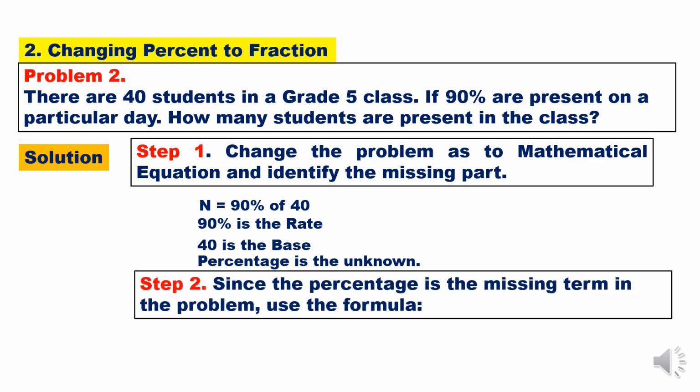Step 2: Since the percentage is the missing term in the problem, use the formula P equals R times B, or R times B equals P. P equals 90% times 40.